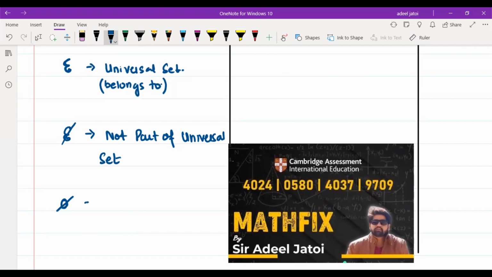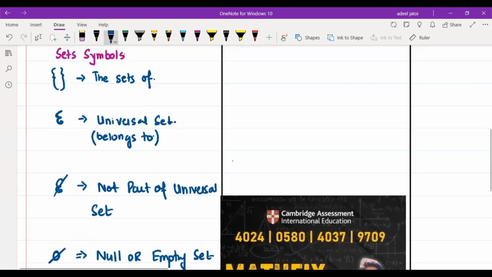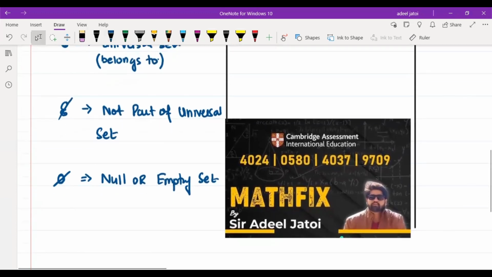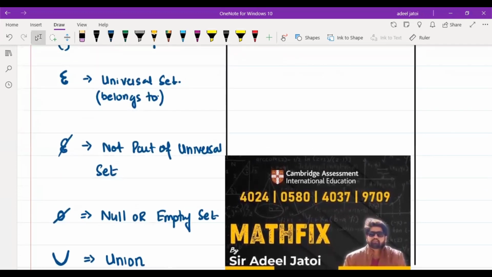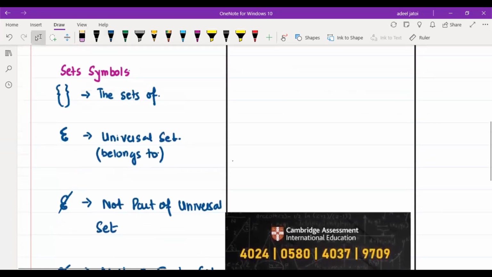This symbol, a zero with a slash, will represent the null or empty set. Then you will have this sign, which will represent union.